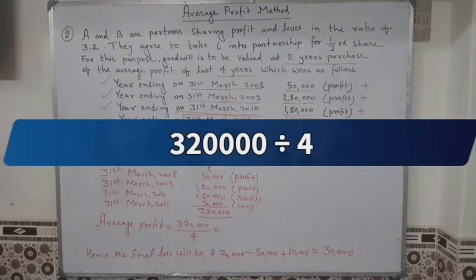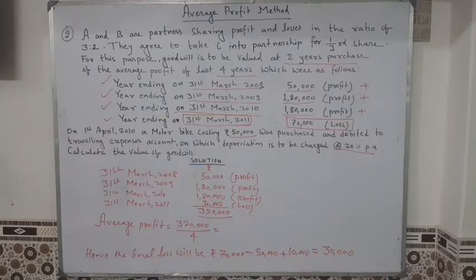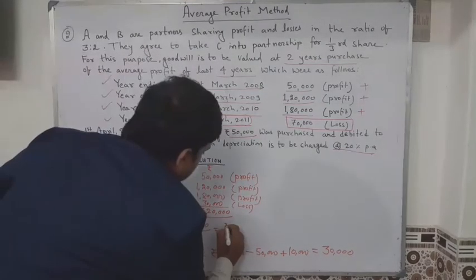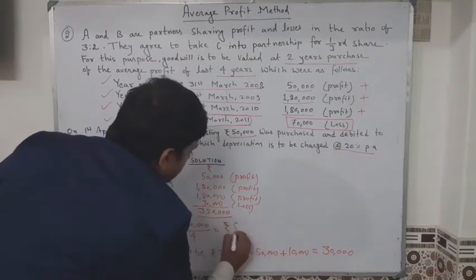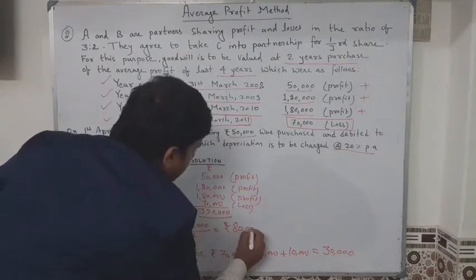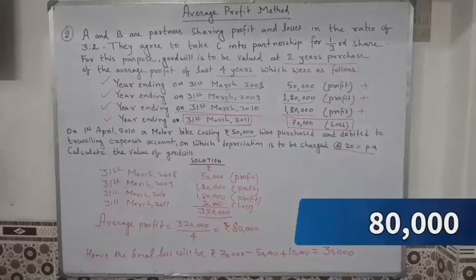Try to divide it. 3,20,000 divided by 4 is 80,000.